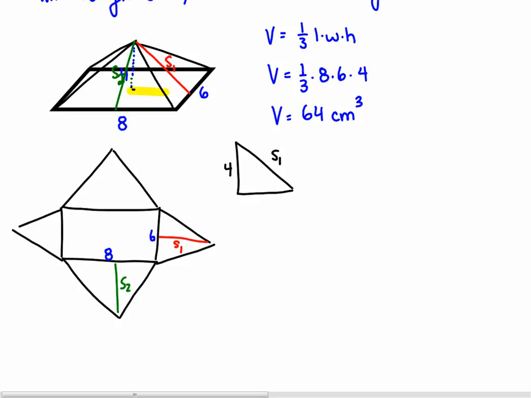What's parallel to that? 8. So if 8 is this full dimension, how much is that one right there? That's going to be 4. So this is actually 4 right here. So S1 is equal to the square root of 4 squared plus 4 squared.